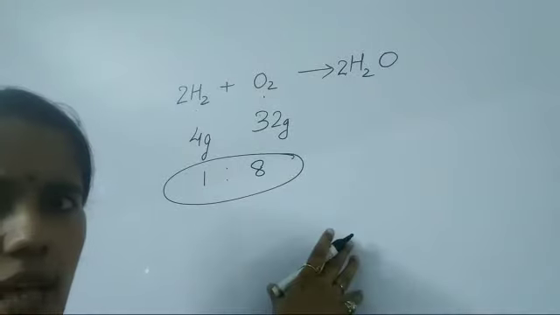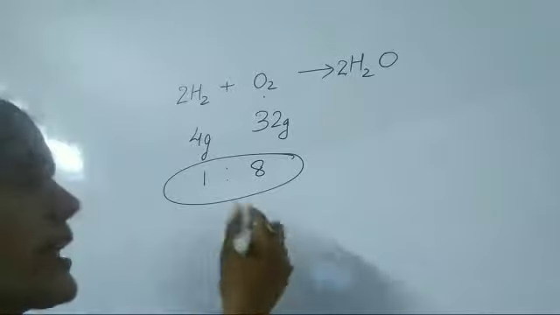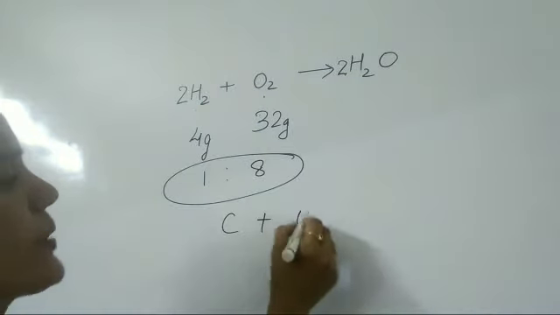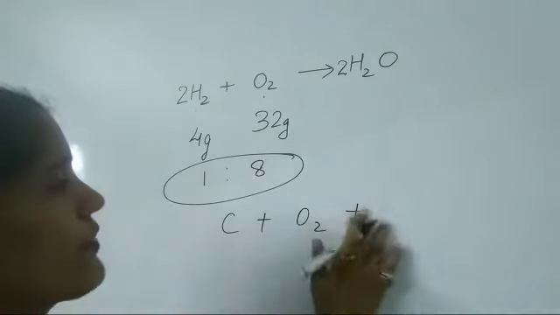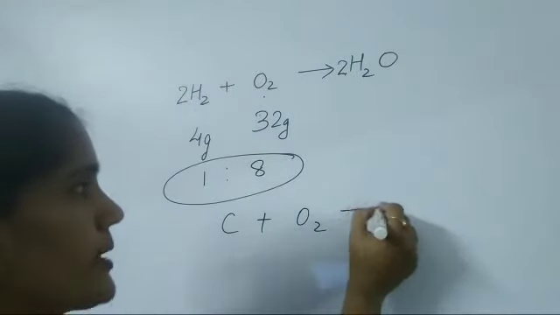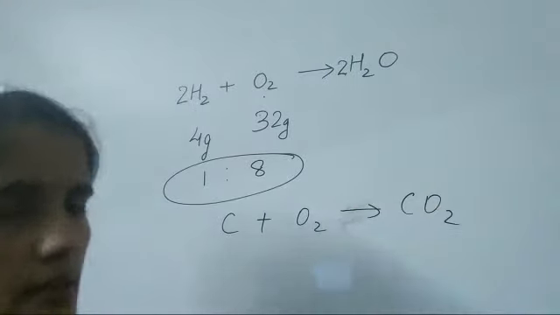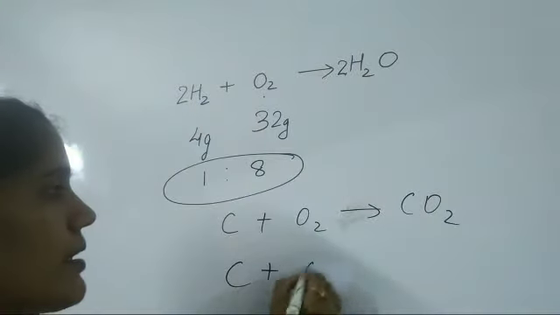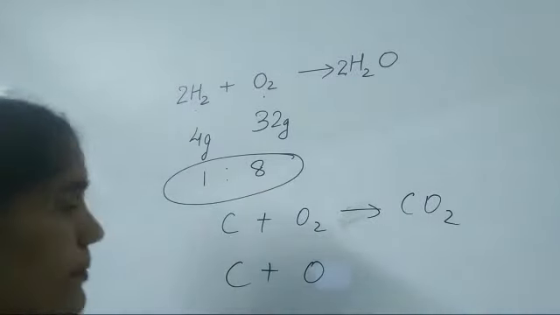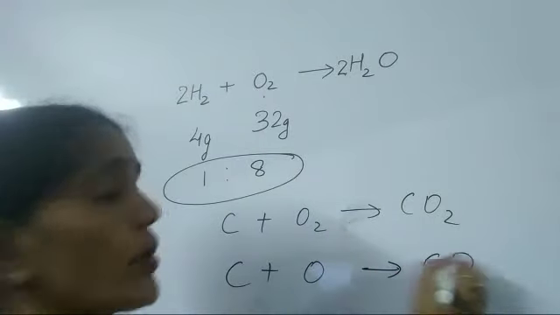So I've given you one example. You can take any example. You can take the combination of carbon and oxygen to form carbon dioxide. Take the combination of carbon and oxygen to form carbon monoxide.